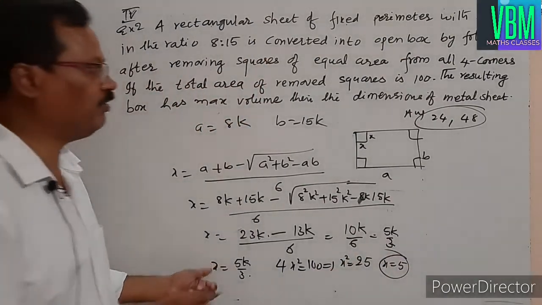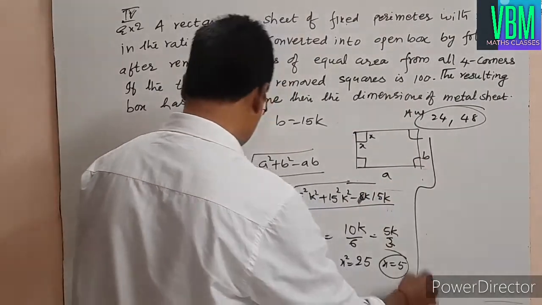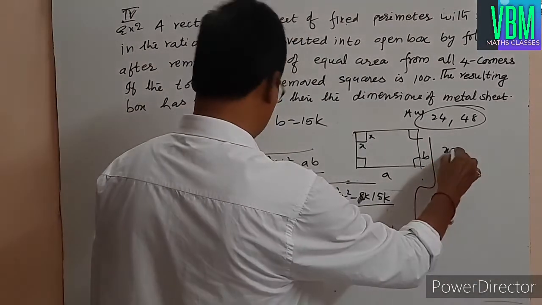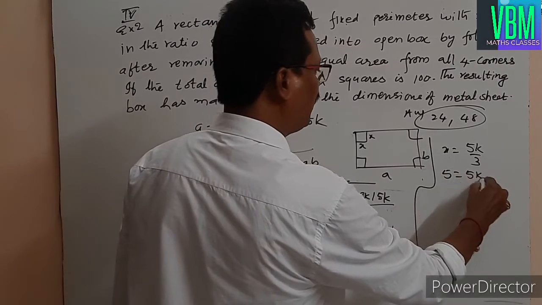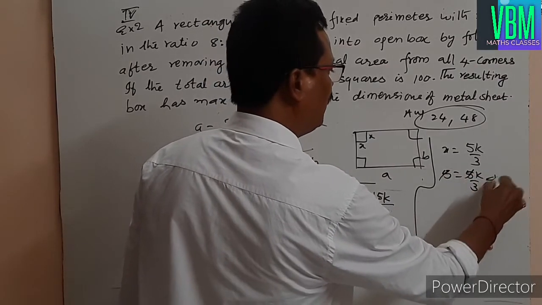Now x equal to 5, and here we have x is equal to 5k by 3. X is 5 we got, so 5k by 3 equals 5. Therefore, k is equal to 3.